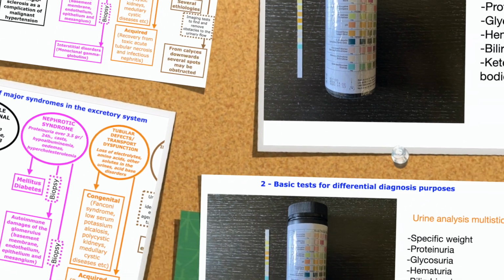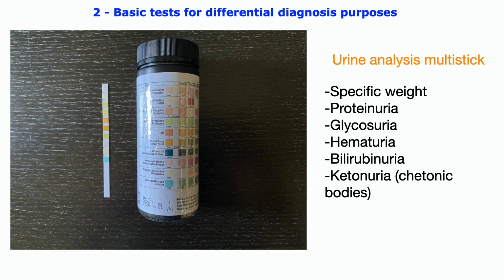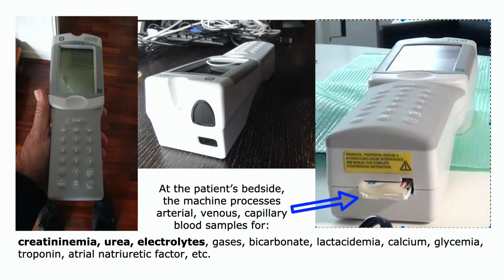Chemical and macroscopical urine analysis, serum creatinine, urea, electrolytes, including sodium, potassium, calcium, and phosphates, are the basic tests to be carried out in order to address the 5 main urinary system syndromes.